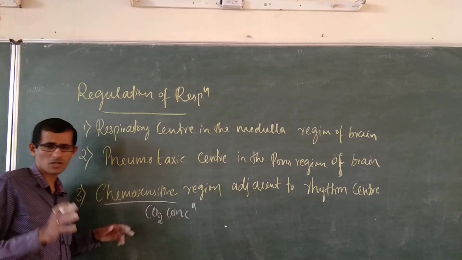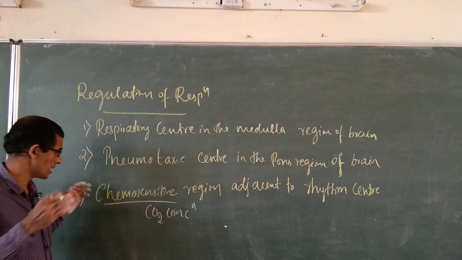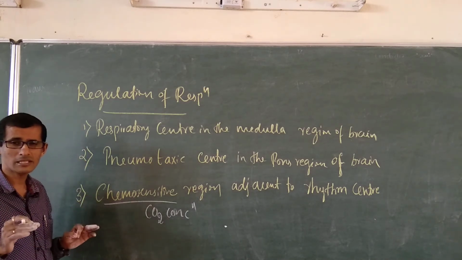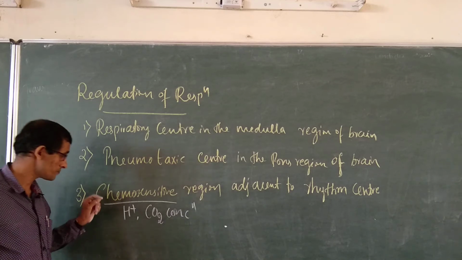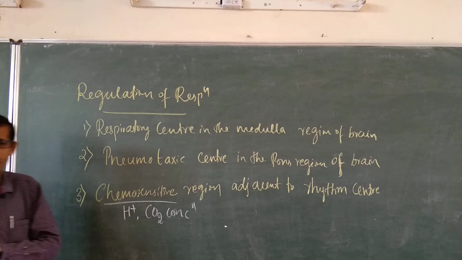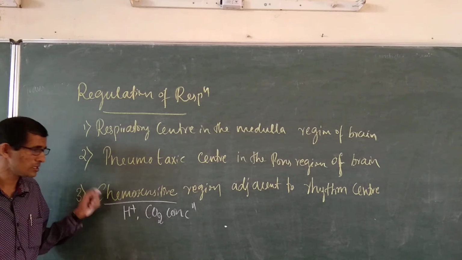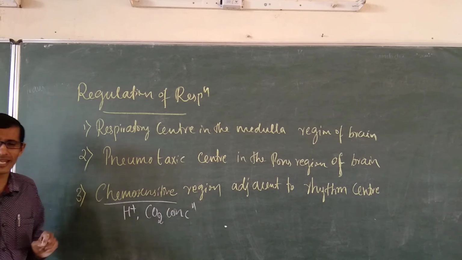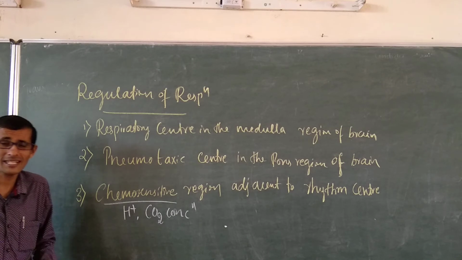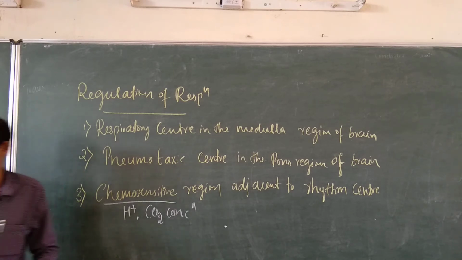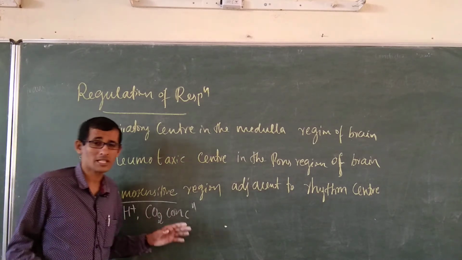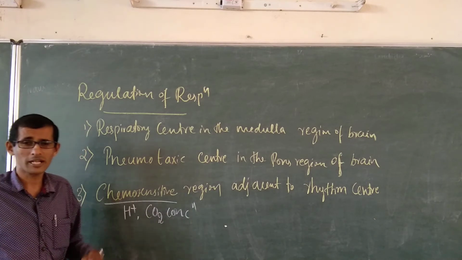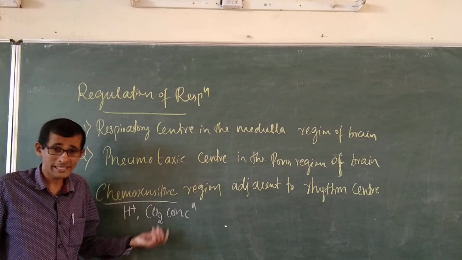The chemosensitive region senses the concentration of H plus and carbon dioxide, and tries to eliminate the unwanted carbon dioxide from the cell through the signaling system. When carbon dioxide is high in the body fluid, it is sensed and the signals are passed to the rhythm center of the brain, and as a result the rate of respiration will increase or change.